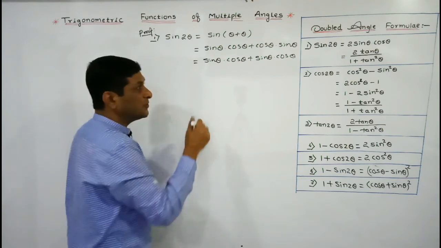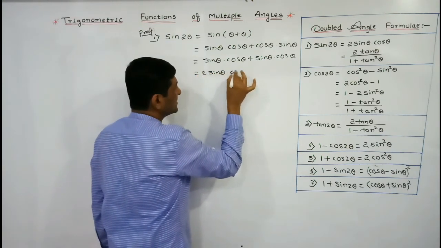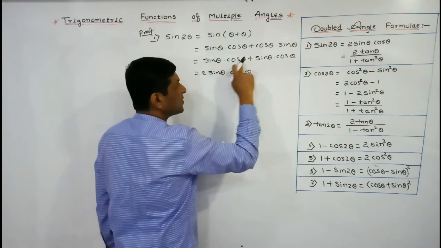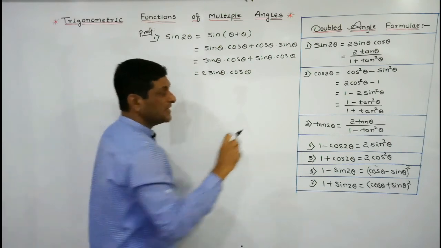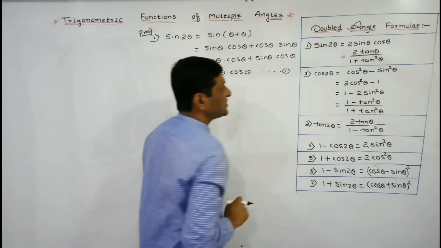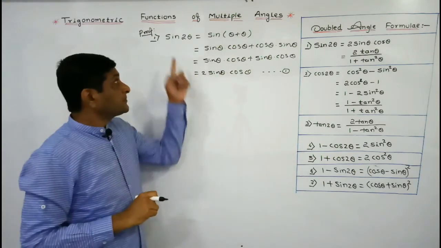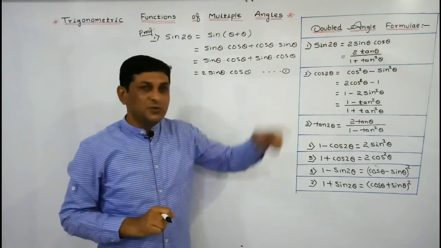Twice sine theta into cos theta. Both are like terms. In this way we have got our first required result. Let us denote it by equation number first. So we have proved that sine 2 theta is equal to 2 sine theta into cos theta.